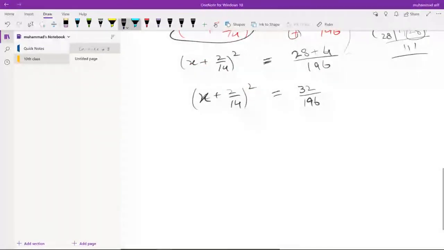Now, last step, step number 4. Taking square root on both sides.